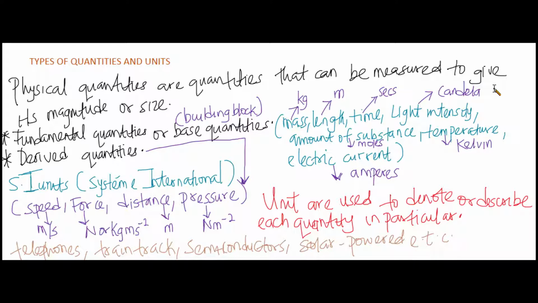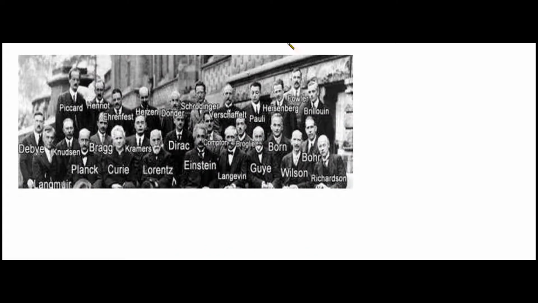That's why in physics, and also in chemistry, which is similar to physics, we have laws with scientists' names accompanying those laws. So here is a picture of scientists at the Solvay conference of 1927. We have each of their names there.